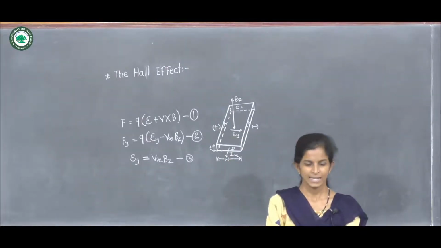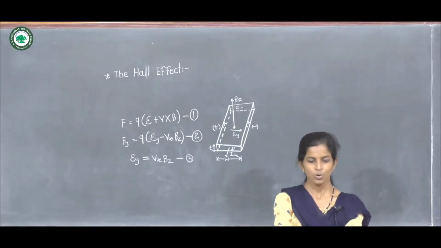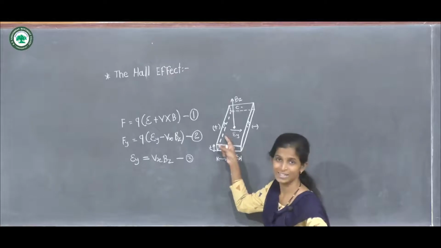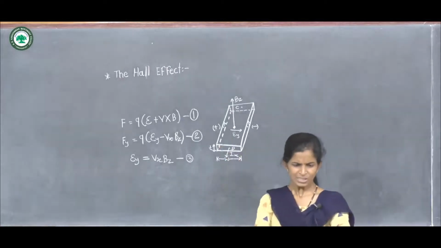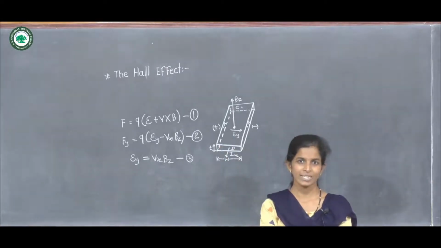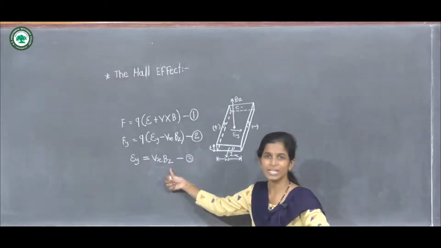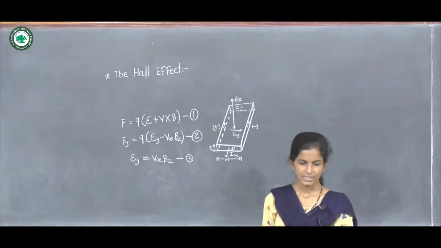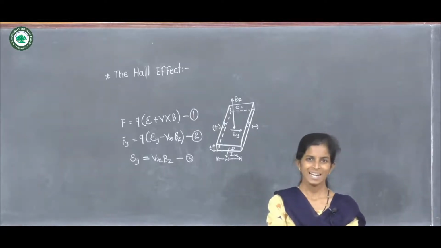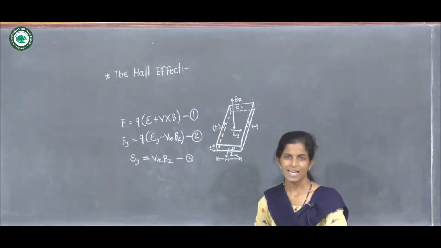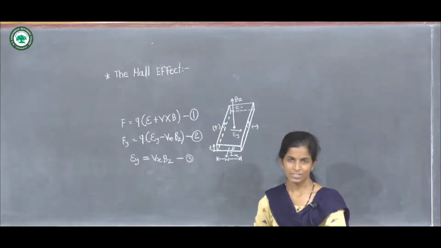Physically, the electric field shifts the whole distribution slightly in negative y direction, and once the electric field E_y becomes as large as this product V_x into B_z, no net lateral force is experienced by the holes as they drift along the bar.